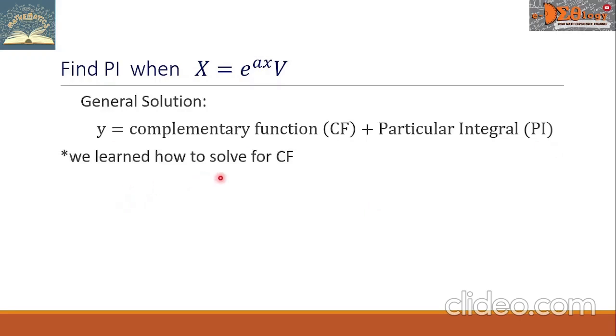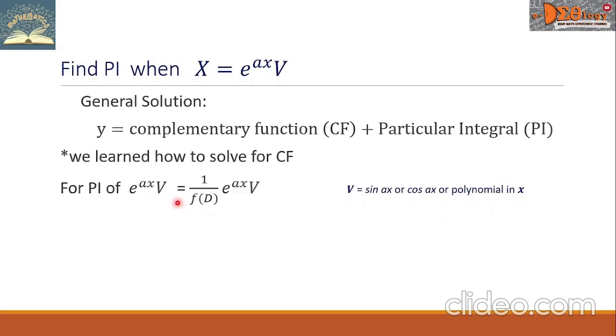We learned how to solve for CF. Now for the PI of the function e raised to ax times the function capital V, take note again that V is equal to sine ax or cosine ax or a polynomial in x.